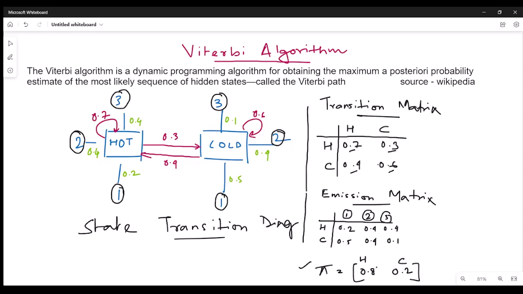The probability of the initial weather condition being hot is 0.8, and the probability that the current state or day 1 is cold is 0.2. This probability will be used to estimate the states of different days based on the ice cream consumed. We will see this in more detail in a quick example.